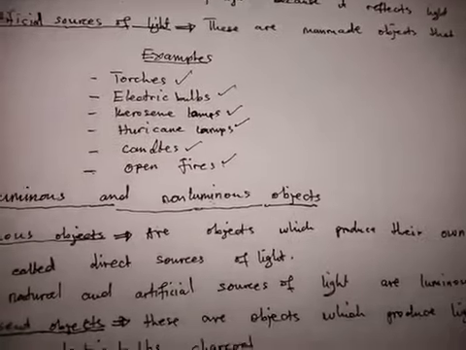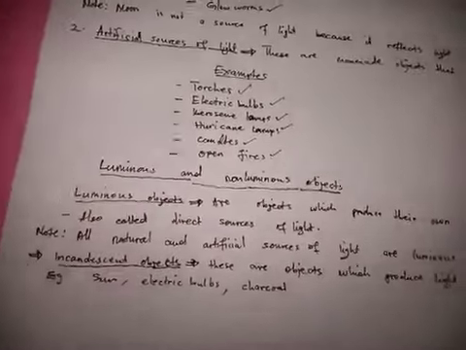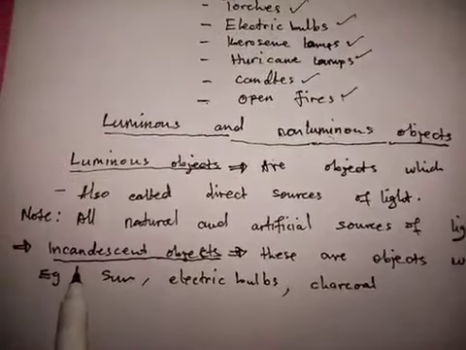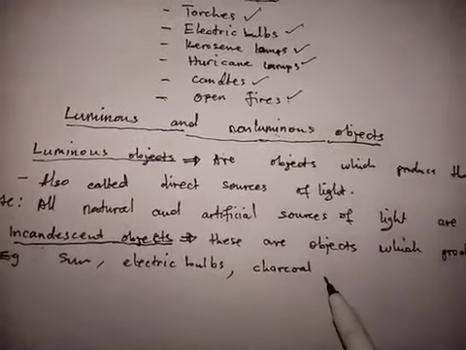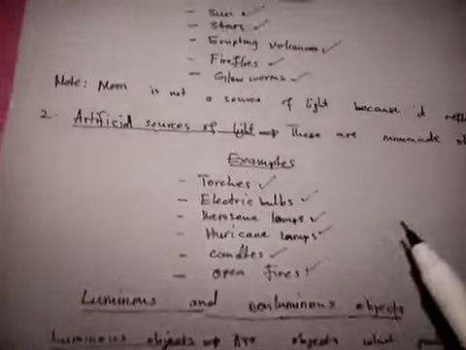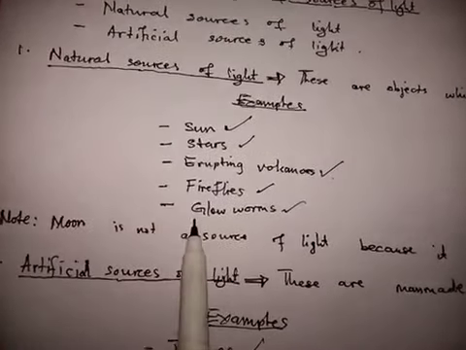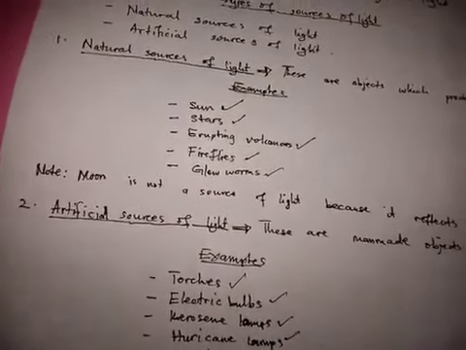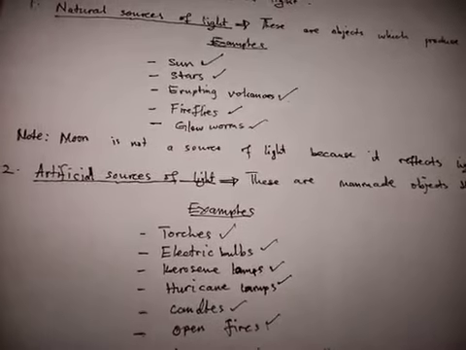So luminous objects, whether natural or artificial, which produce light when they are hot, are called incandescent objects. In the case of fireflies and glowworms, these are not incandescent objects because they produce light when they are not hot.